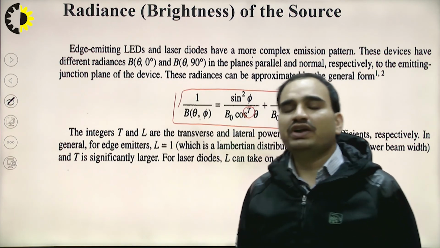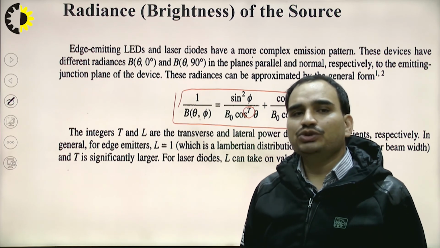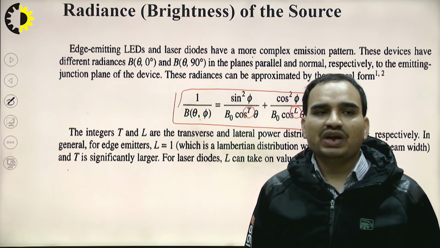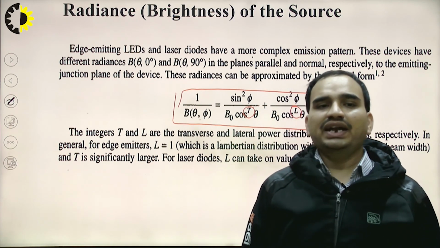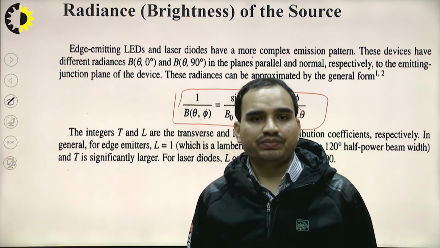In general, for edge emitting LEDs, L equals 1, which is the Lambertian distribution with 120 degrees half power beam width, and T is significantly larger. For a laser diode, L can take on values over 100.